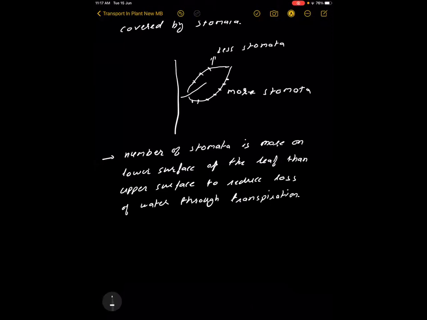So this number is reduced on the upper surface and it is more on the lower surface.